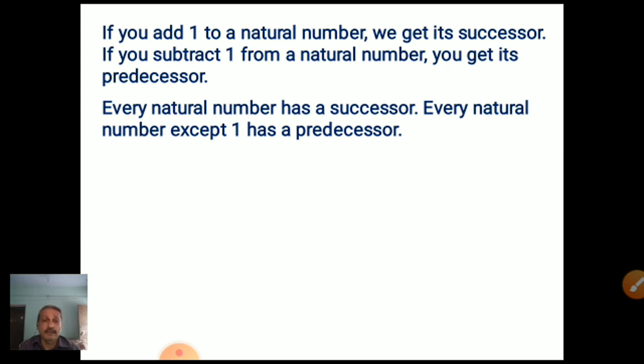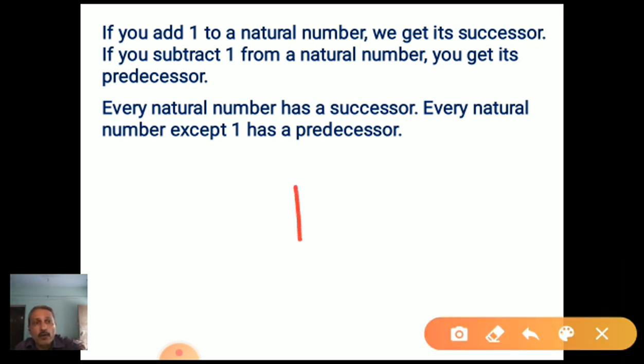Every natural number has a successor, but every natural number except 1 has a predecessor. Why? Because 1 minus 1 is equal to 0, and 0 is not a natural number.